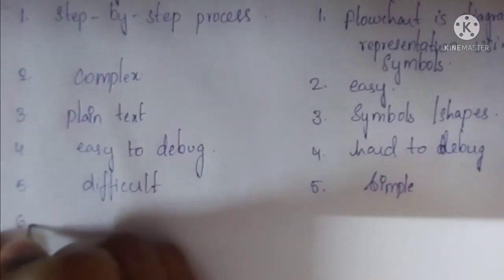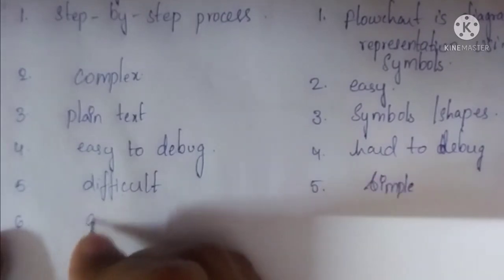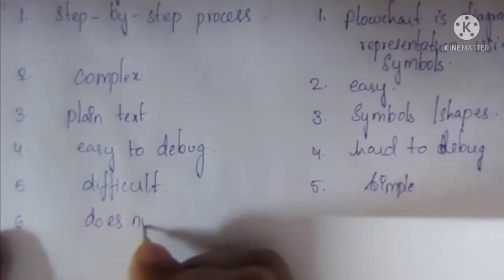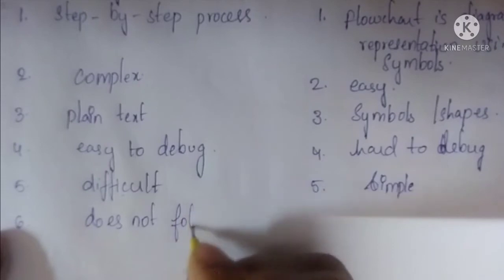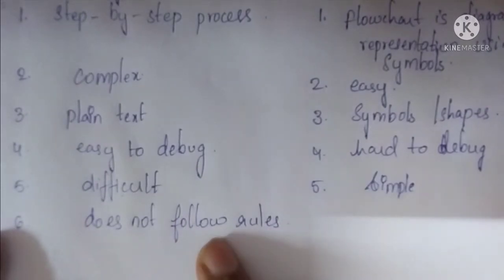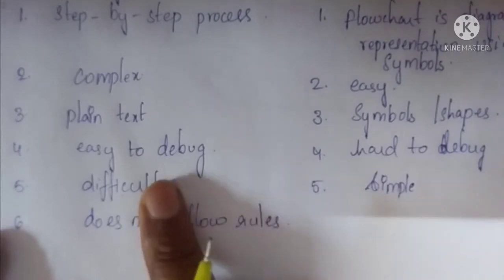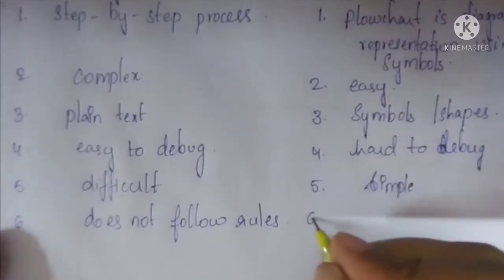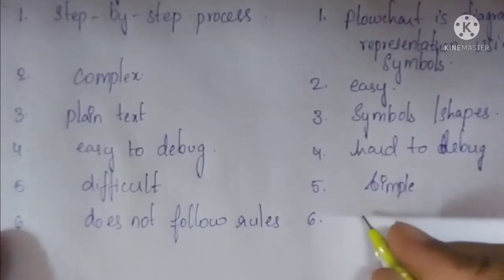Next one is, an algorithm does not follow any rules. There are no restrictions for an algorithm to follow particular rules. Whatever statements we write, it is easy for us to understand. We are writing those statements as plain text in an algorithm. But coming to the flowchart, we have to follow the rules.